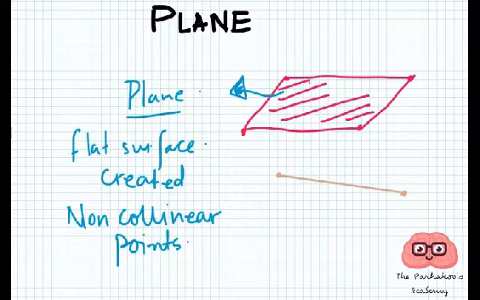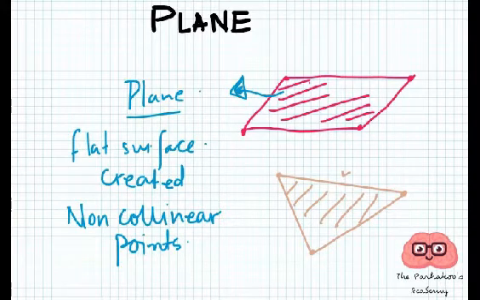To make it a plane, we require at least one more point, which should be non-collinear, that means not on this line, to create a plane. So if I join them, it's a plane.